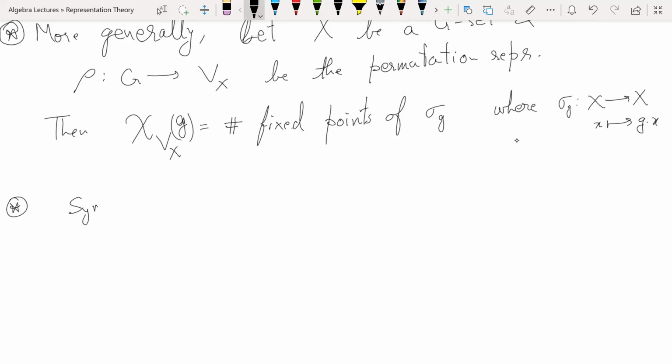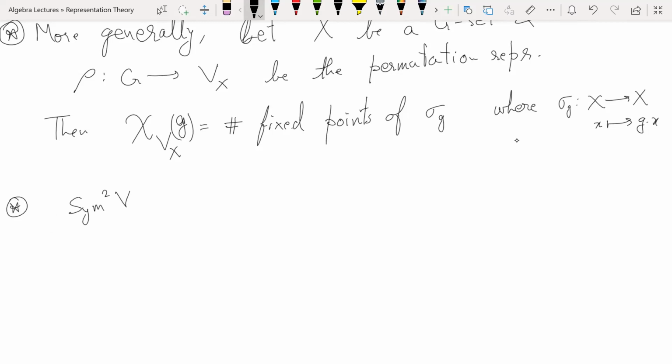The general one might not be too bad, but Sym2 is easier to do, so I'll just stick to this. So Sym2 V is also a representation, and we want to compute its character.